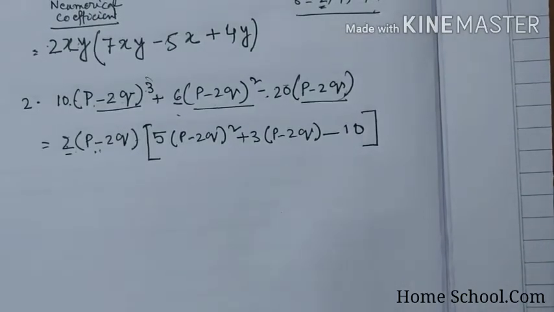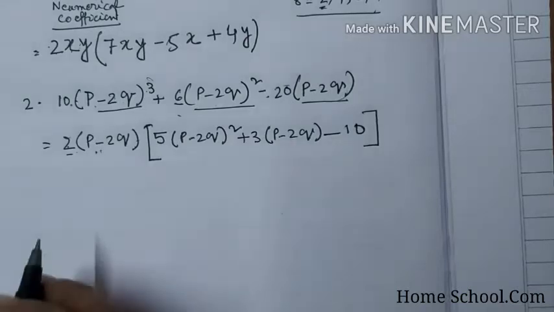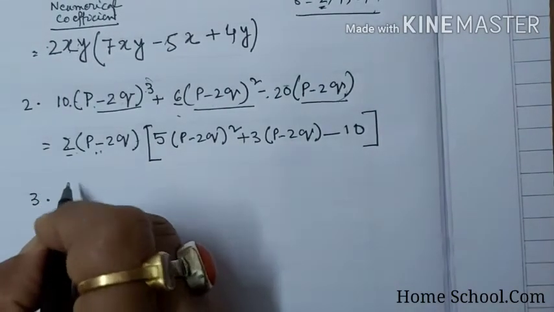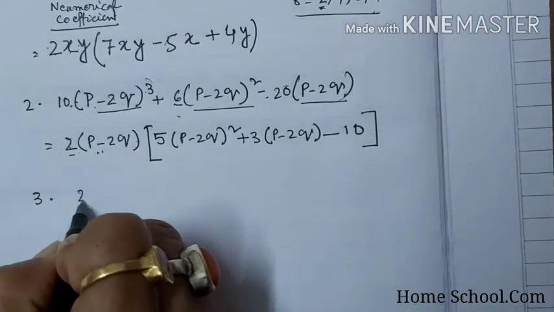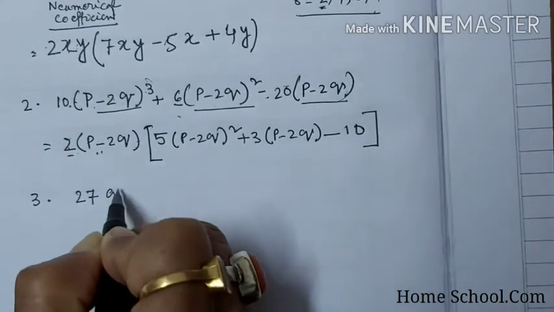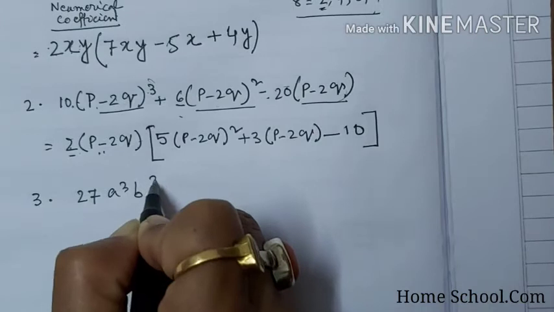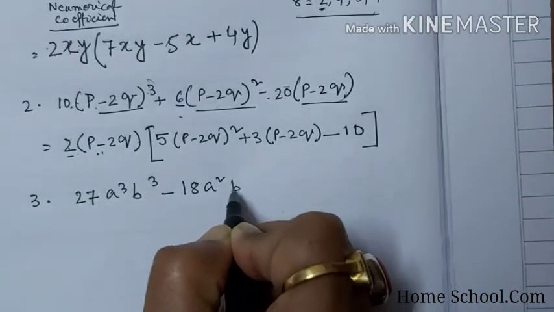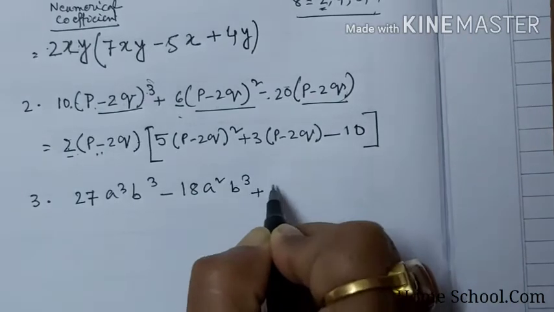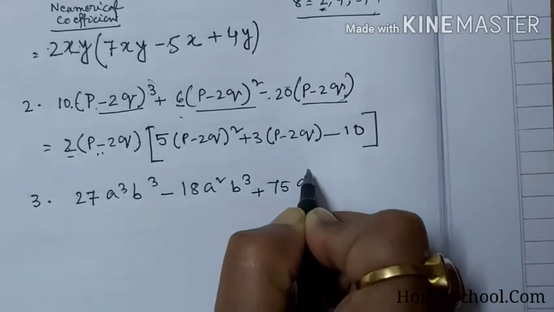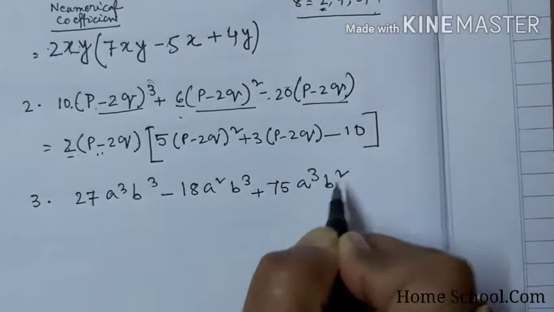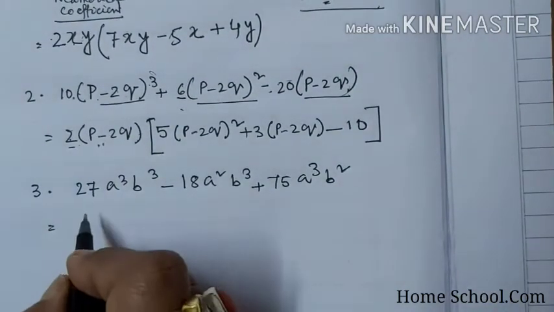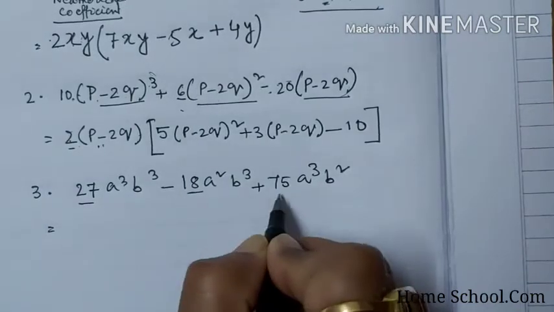Now let us take another example, example number 3. 27a cube b cube minus 18a square b cube plus 75a cube b square. How can we solve it? What is the common factor? 27, 18 and 75.